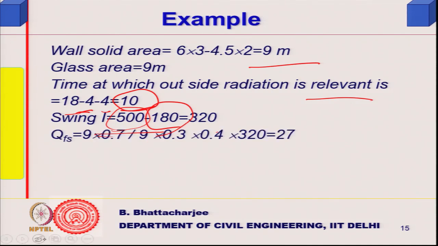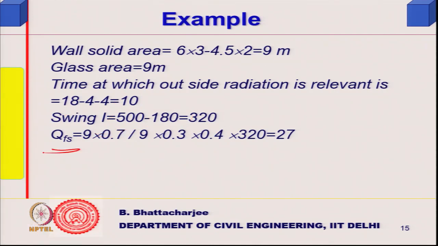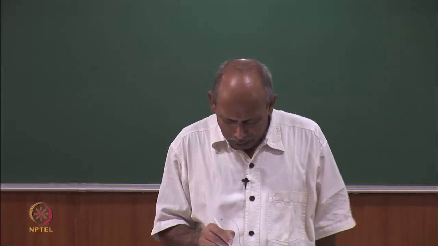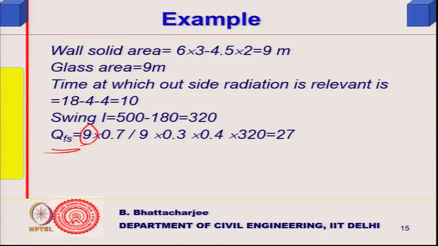And therefore, QFS is due to radiation falling onto an opaque body, and that would be area multiplied by U divided by H naught. Remember, H naught was 9, as we talked about last class. Then there is a decrement factor.